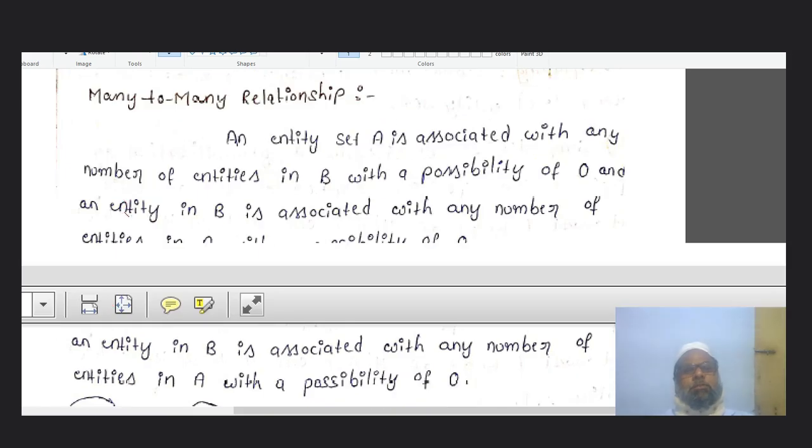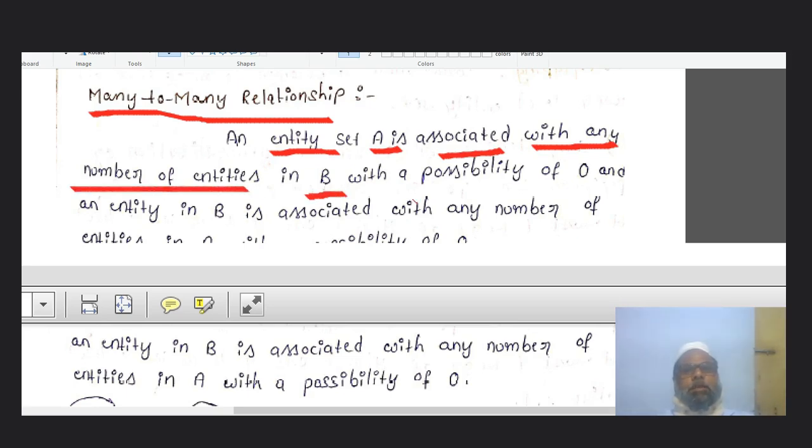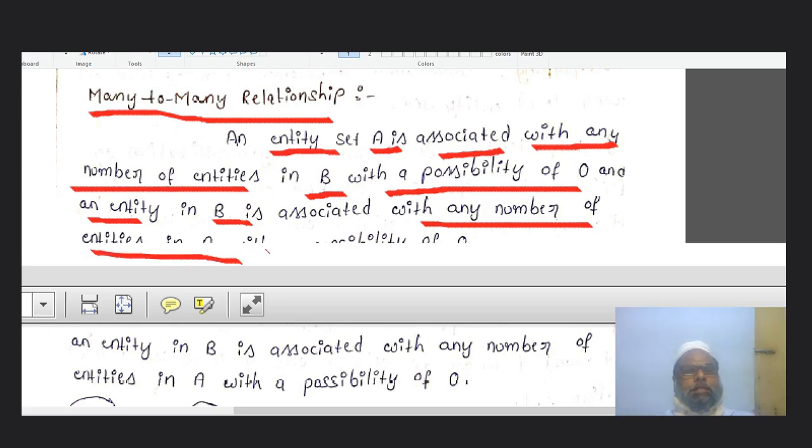Next, the many-to-many relationship. In a many-to-many relationship, an entity in A is associated with any number of entities in B, with a possibility of zero, and an entity in B is associated with any number of entities in A. So that is called a many-to-many relationship.